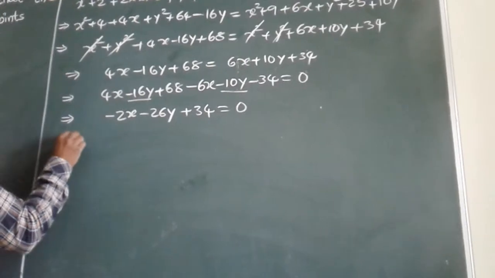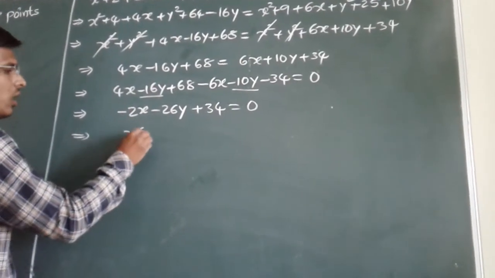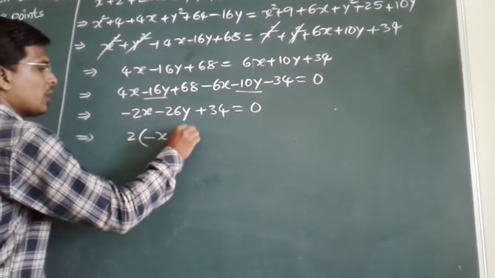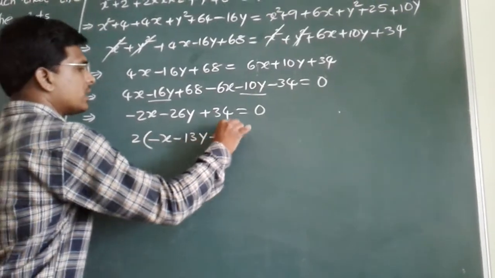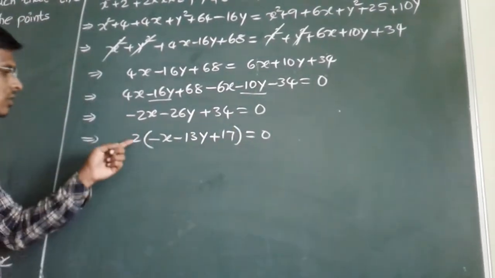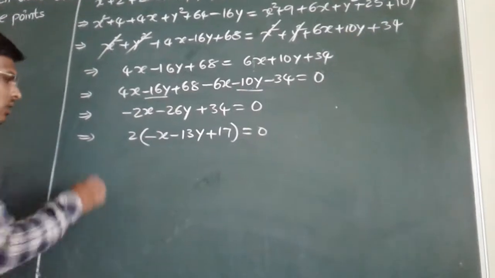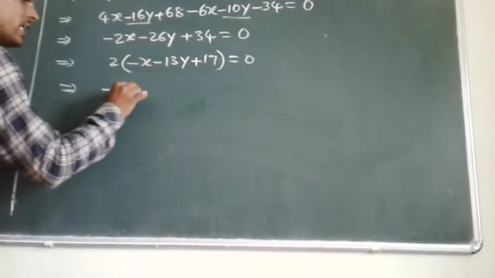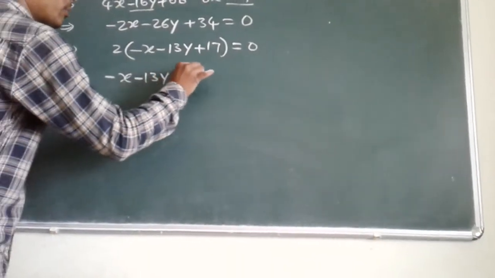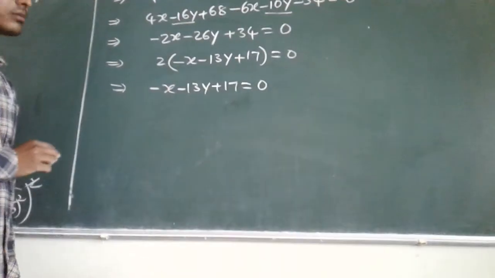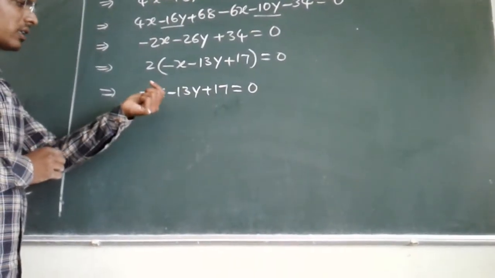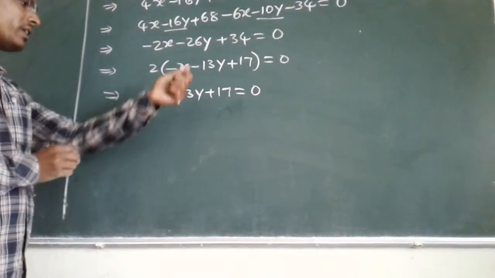So we can take 2 as common. If you take 2 common, you will get minus x minus 13y plus 17 is equal to 0. Take this 2 to the right hand side, it will be equal to 0. So minus x minus 13y plus 17 is equal to 0. If you want to take minus x as positive, multiply with minus.